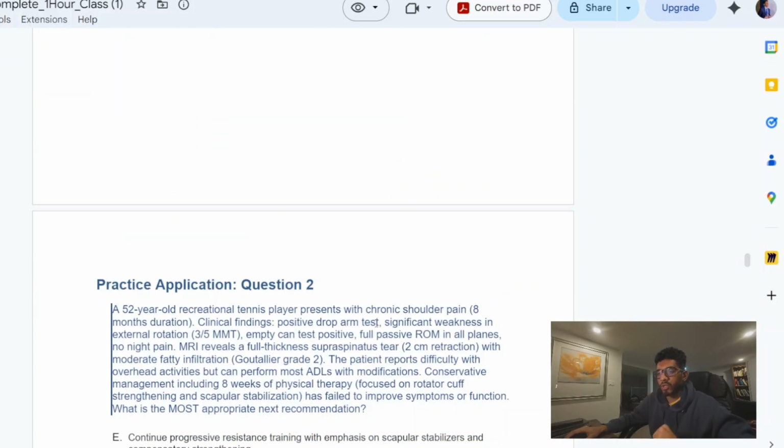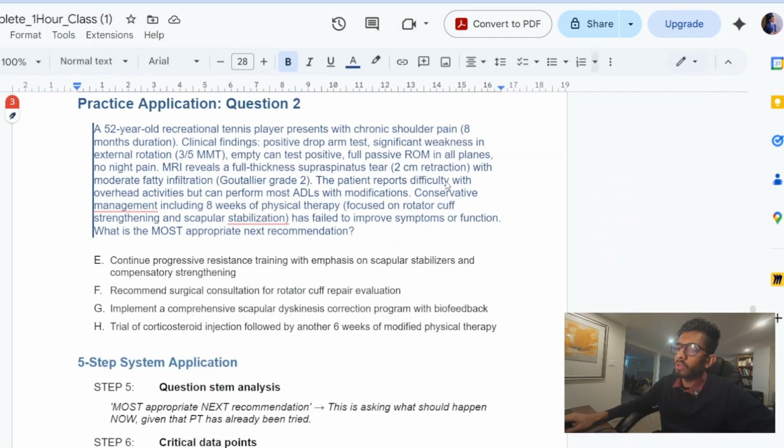Okay, we can look into another question. We are looking at the second practice question. A 52-year-old recreational tennis player presents with chronic shoulder pain, with clinical findings of a positive drop arm test, significant weakness in external rotation, and a positive empty can test, with full passive range of motion in all planes. There is no night pain, but MRI revealed a full thickness supraspinatus tear with moderate fatty infiltration.